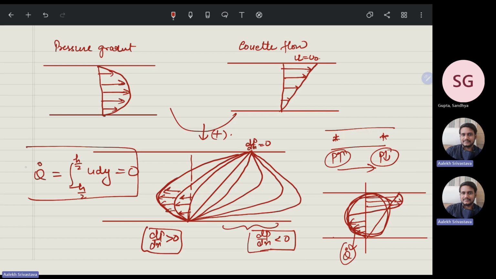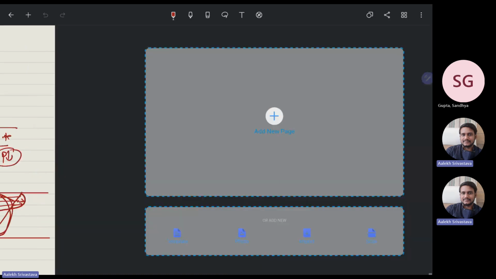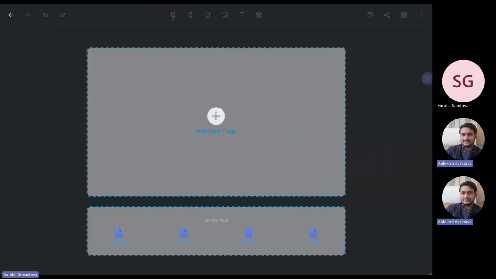If you solve this equation, you will get the pressure gradient that should be there so that no net flow takes place and only a flow reversal happens. So you can solve that and get what we call a flow reversal.